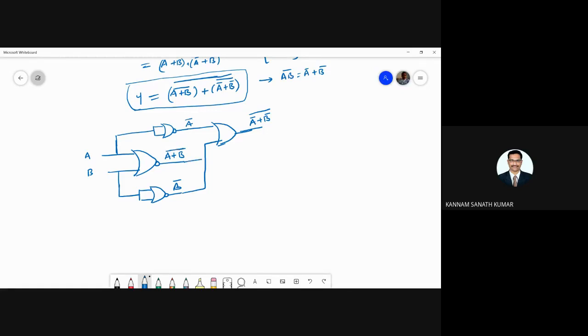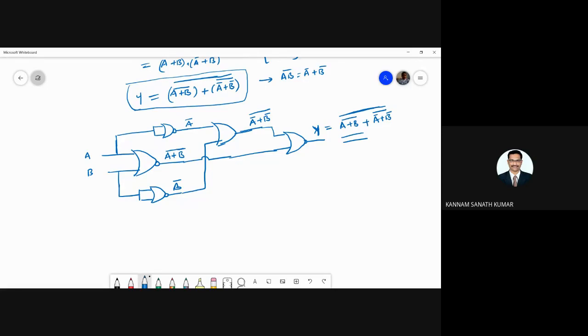Now this input and this are connected to the NOR gate. So what you are getting, y equal to A plus B whole bar plus A bar plus B bar whole bar, again whole bar. You got this expression?